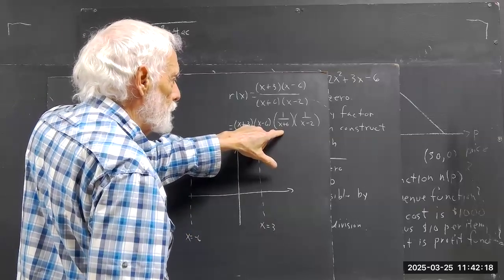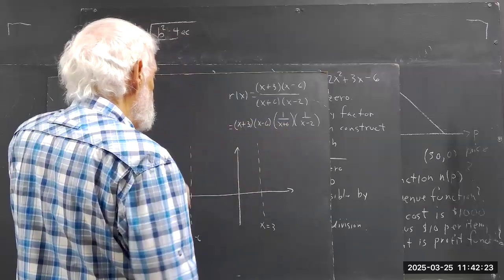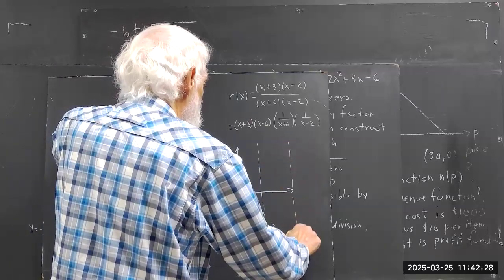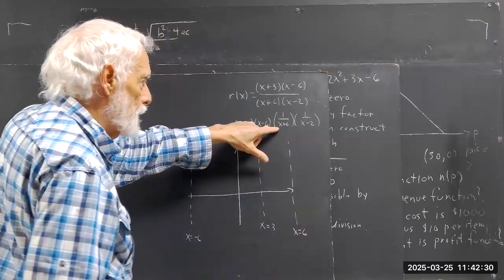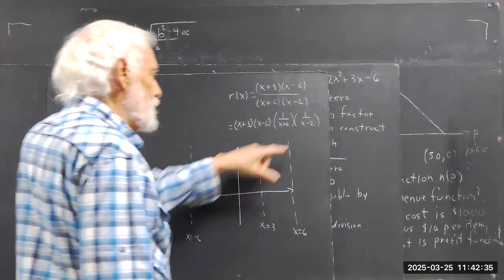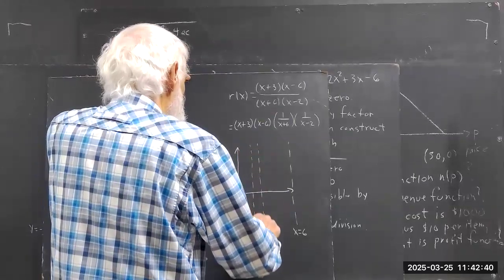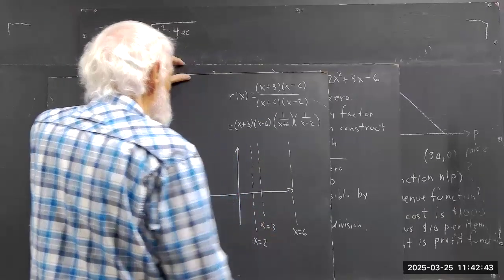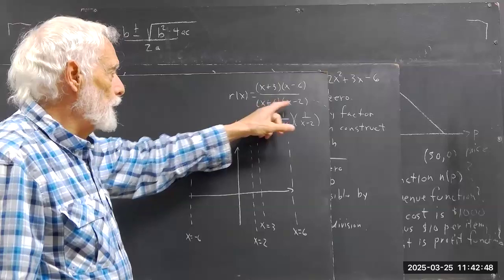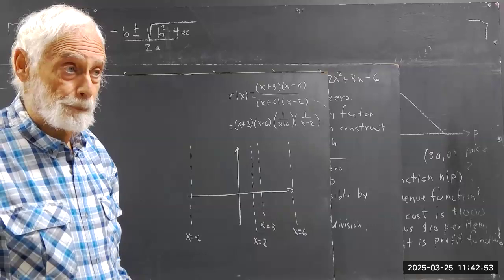X plus 6 is 0 when x is -6. And x minus 2 is 0 when x equals 2. So we're going to mark those off too. And we're going to mark every point that makes any one of these 0. And then we're going to figure out what to do with it.